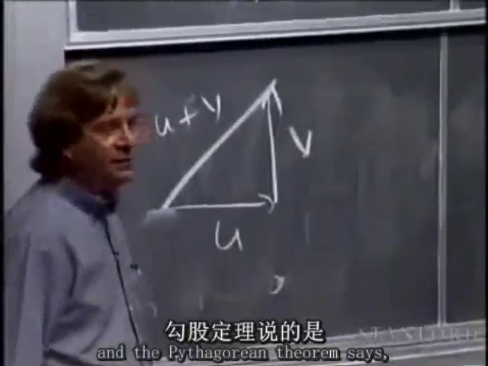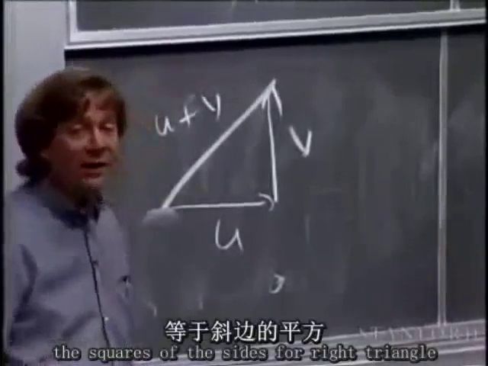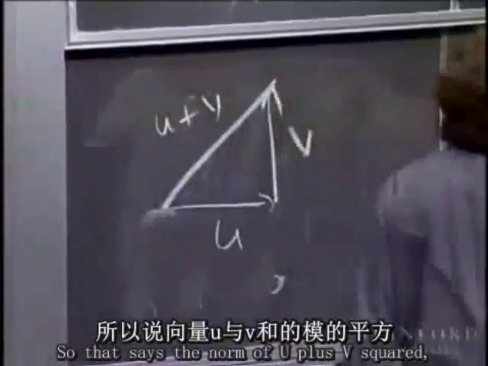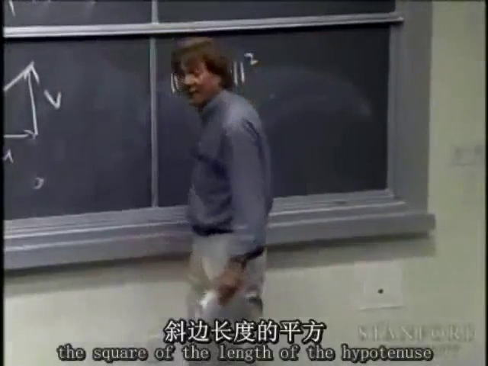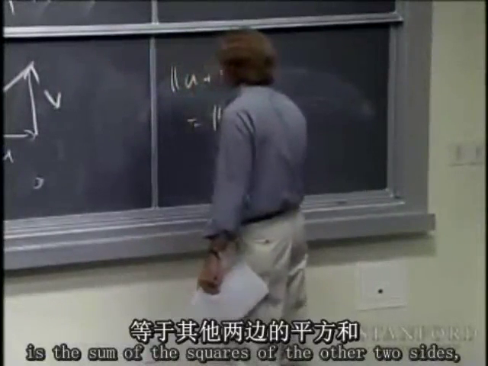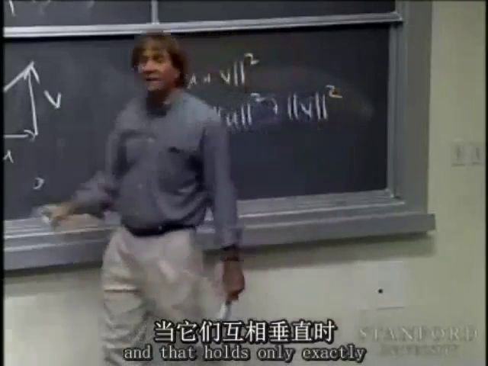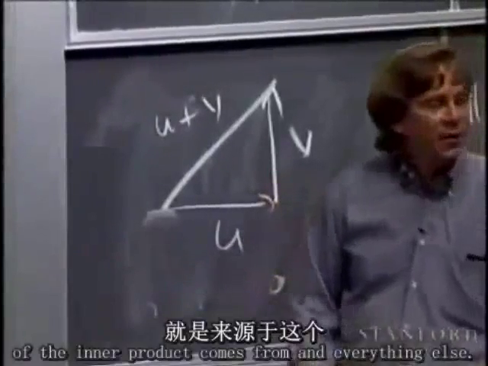And the Pythagorean theorem says the square of the hypotenuse is the sum of the squares of the sides for a right triangle, and only for a right triangle. That characterizes a right triangle. So that says the norm of u plus v squared, the square of the length of the hypotenuse, is the sum of the squares of the other two sides, u squared plus v squared. And that holds only exactly when the two vectors are perpendicular. And that's where the definition of the inner product comes from and everything else.